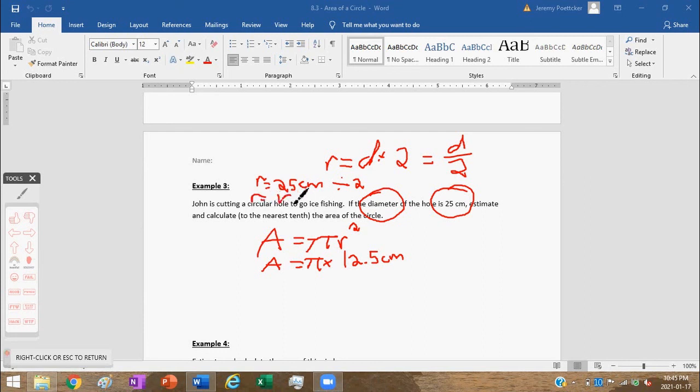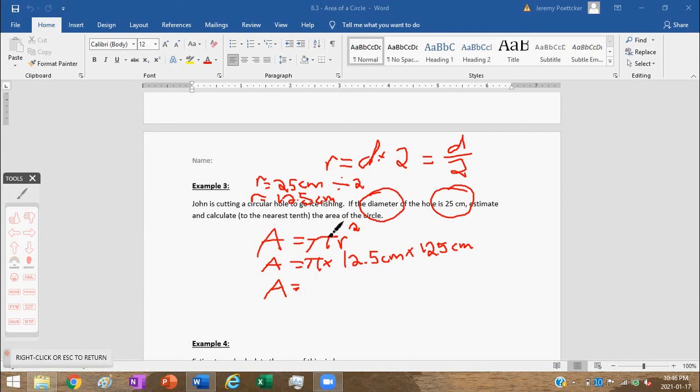Radius equals 12.5 centimeters. That's my number that goes there. So pi times radius squared, so times 12.5 centimeters times 12.5 centimeters.